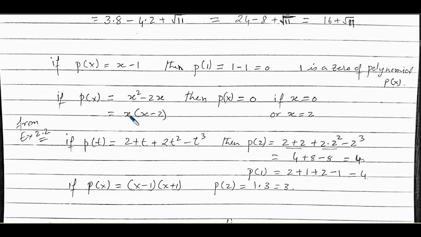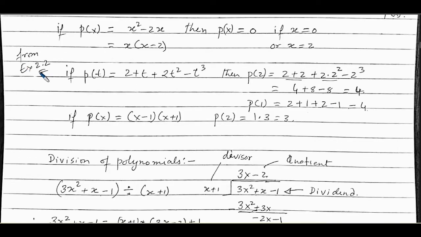So this will be 0 for x equal to 0, as 0 into any number is 0. Or if x is equal to 2, 2 minus 2 is 0, so this becomes 0. So p(x) is equal to 0 at x equal to 0 or x equal to 2.